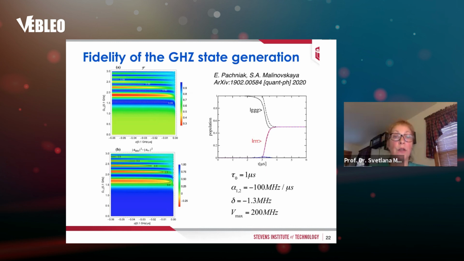So we generated it with 2 linearly chirped, equally chirped pulses having the same overlapping Rabi frequency. The fidelity of the GHZ state formation is shown in the upper panel A, and the optimal values of fidelity within the 0.99 range are highlighted with the contour plot.